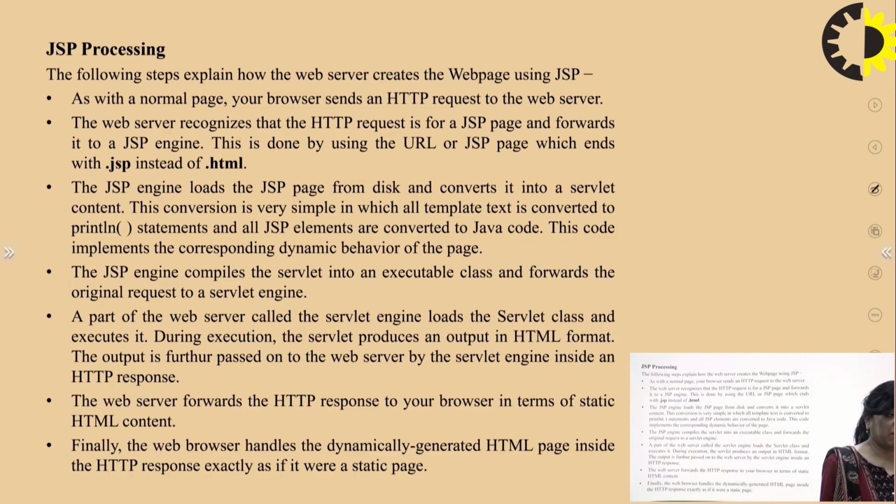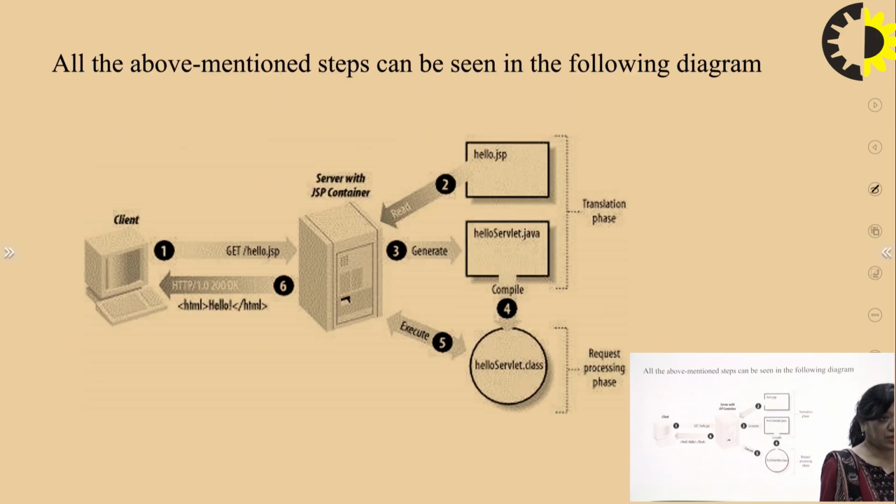The web server forwards the HTTP response to the browser in terms of static HTML content. And finally, the web browser handles the dynamically generated HTML page inside the HTTP response exactly as if it were a static page. So this is the working of JSP processing.